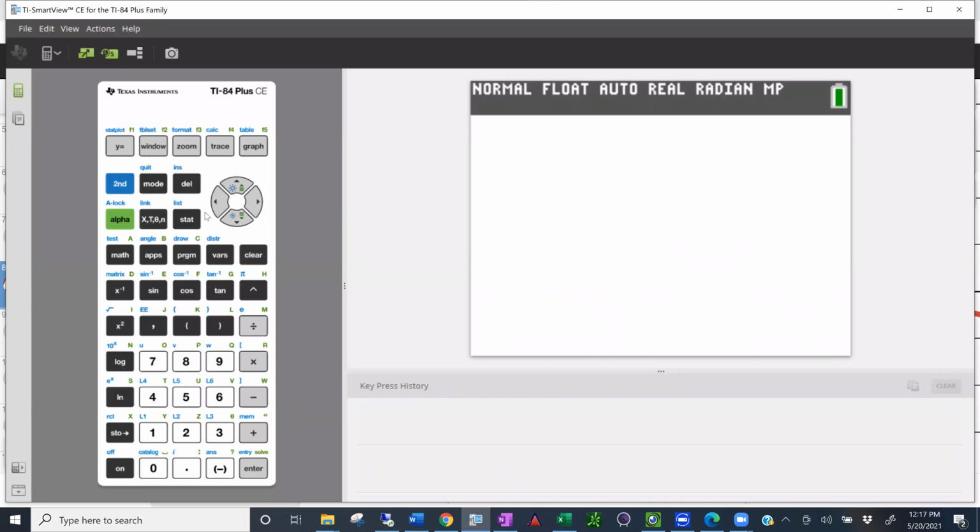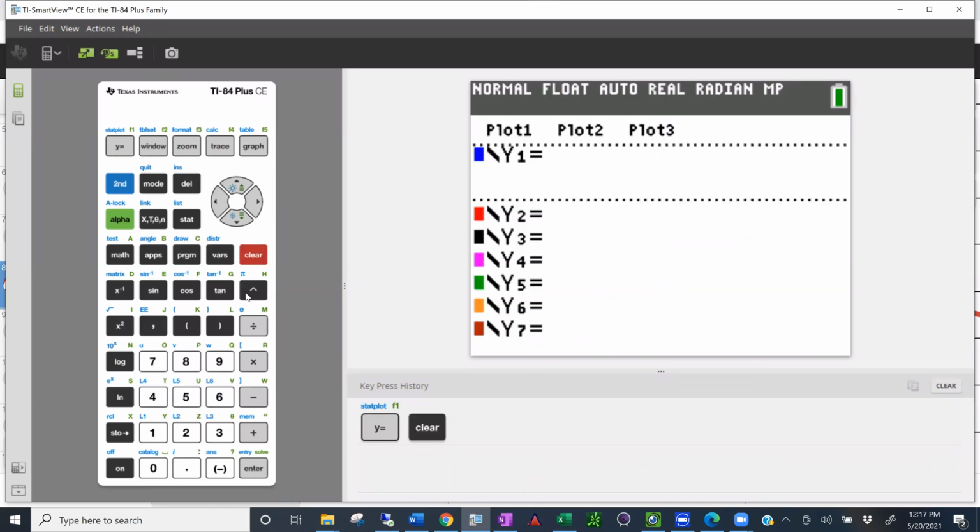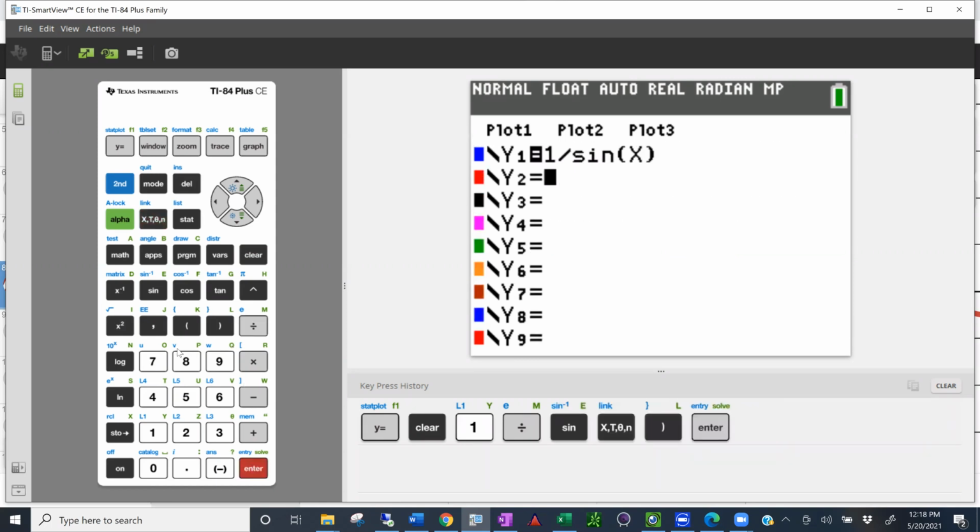I'm going to start by graphing y equals 1 divided by sine of x. I'm also going to throw in the graph of sine of x, because that one's going to be friendlier to deal with, perhaps.